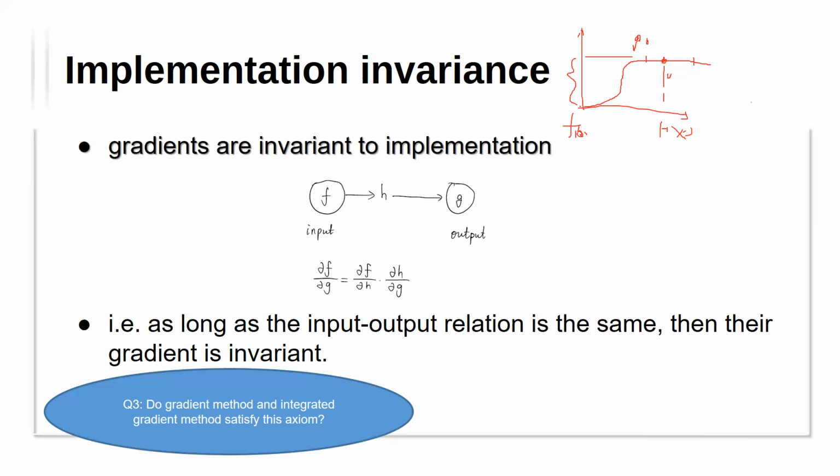We have the chain rule, so by theory the gradients are independent of how it's implemented. Whatever h and g it is, the partial derivative of f over g will always remain the same. Based on this knowledge, do you think the gradients and integrated gradients can satisfy this axiom of implementation invariance?